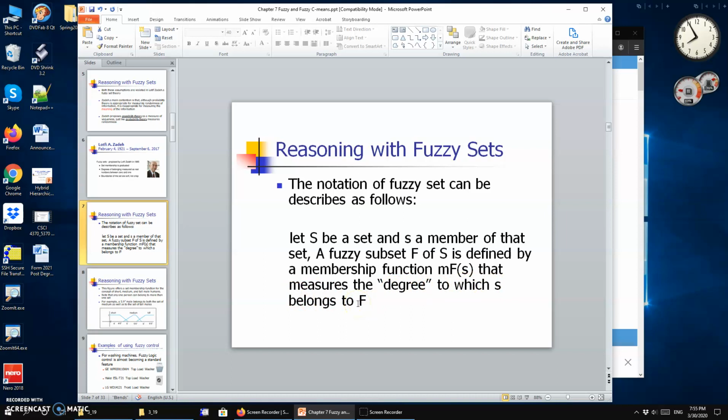And so everything has a degree. So this one may belong to this cluster at 55%, while the other one has another 40% that it belongs to the other cluster, and maybe another 5% belonging to a third cluster. So everything is described by a membership.